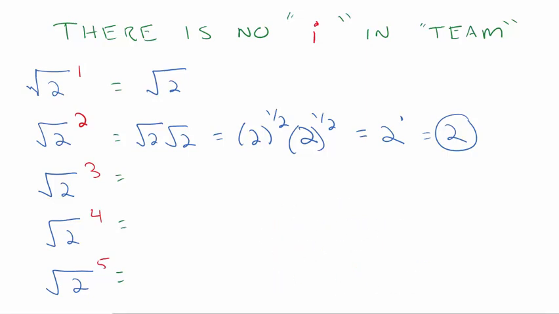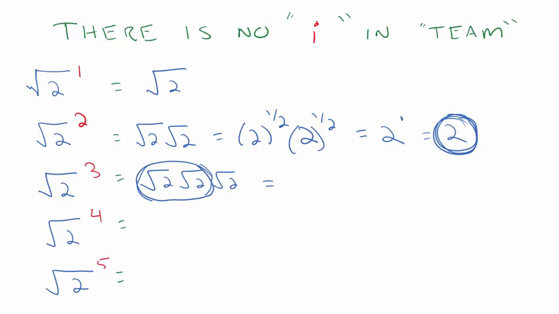Now the third one: square root of 2 to the third power equals square root of 2 times square root of 2 times square root of 2. But we already solved that the first two equal 2, so we can replace them with 2. So it would be 2 square root of 2.